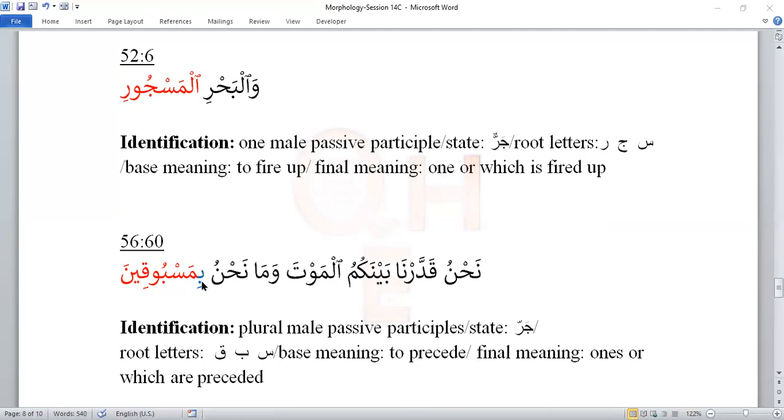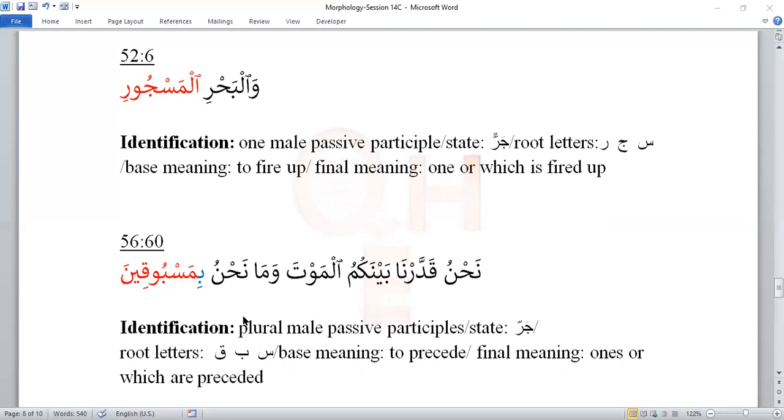This particle, when it is attached to a noun, brings the noun to the state of jar. Another thing we should pay attention to when we are reading: not necessarily always will a passive participle start directly with mim fatha. There can be an attached particle, so we have to pay attention to the conjugation right after the particle.